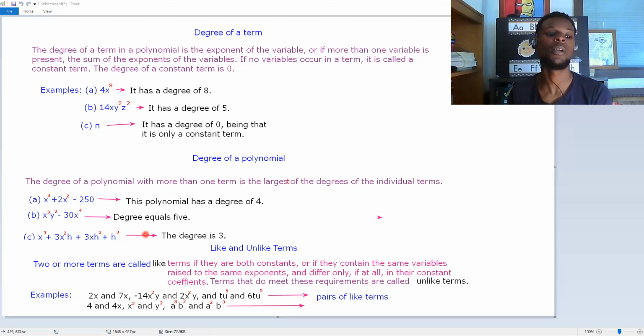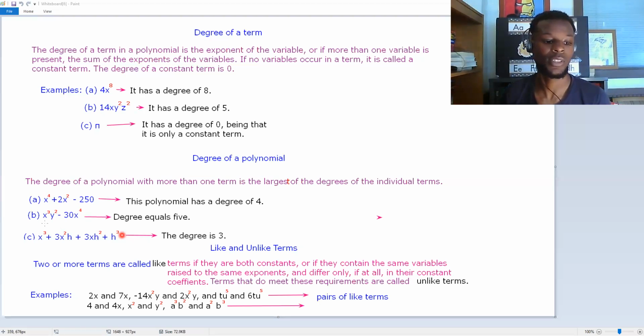The first term, we have x cubed y squared. And what we do is we add those two exponents. Those exponents add up to equal 5. And since that 5 is the largest of the two terms as far as the exponents, we use that degree and we say that is the degree of the polynomial. So example B has a degree of 5.